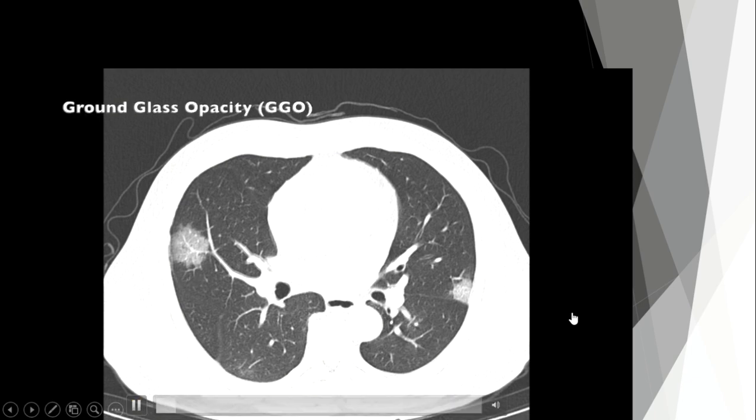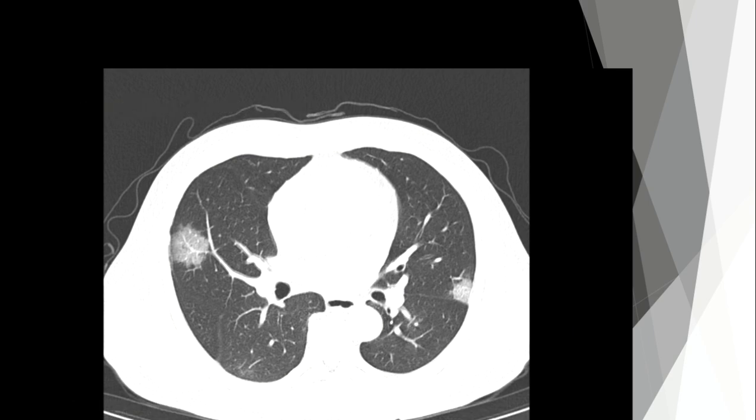Ground glass opacities, that's most frequently posterior and peripheral in distribution. The ground glass opacities have often been noted to be rounded in nature.